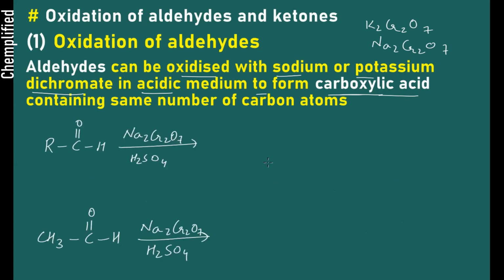Now let's just write the reactions. This is our aldehyde. This is our general reaction. When aldehyde is treated with sodium dichromate or potassium dichromate, you will get alcohol like this. This is 1 degree alcohol, right?